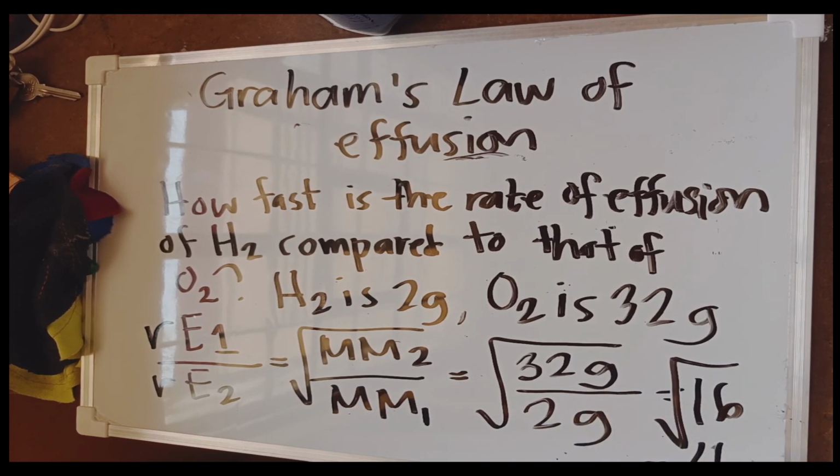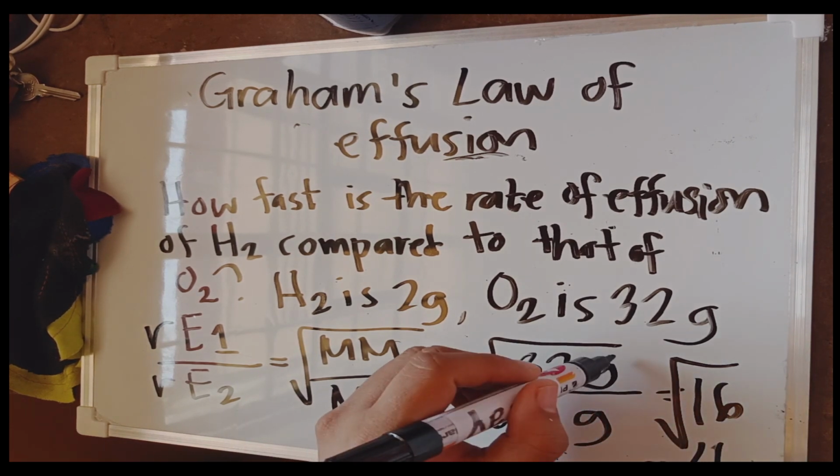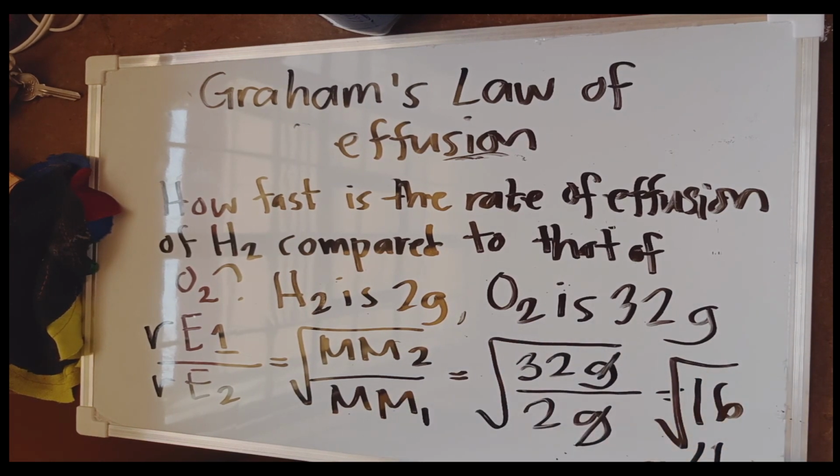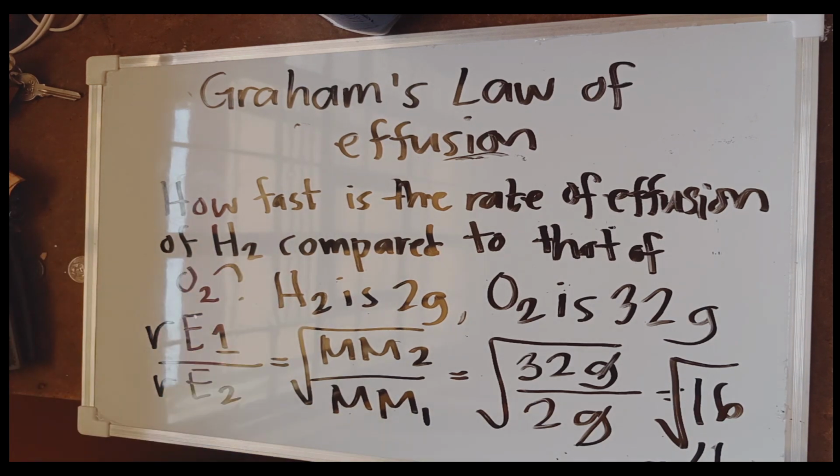That means their rate of effusion ratio is 4. There is no unit because the grams will cancel out. So it just indicates how far apart they are based on the rate of effusion, which is 4.